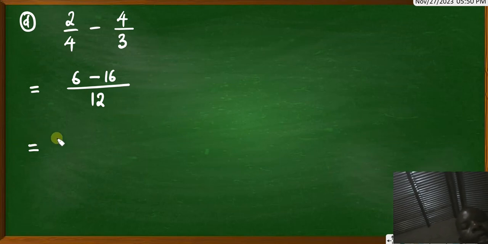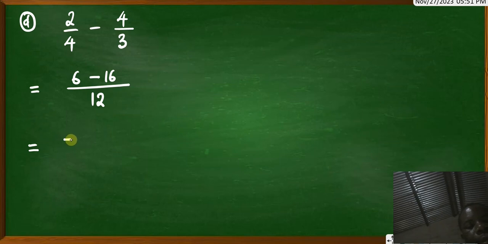So you say now, that's why what I always teach, whatever you learn previously now applies. So you have 6 minus 16. You are subtracting a bigger number from a smaller number. So your final answer should have negative always.